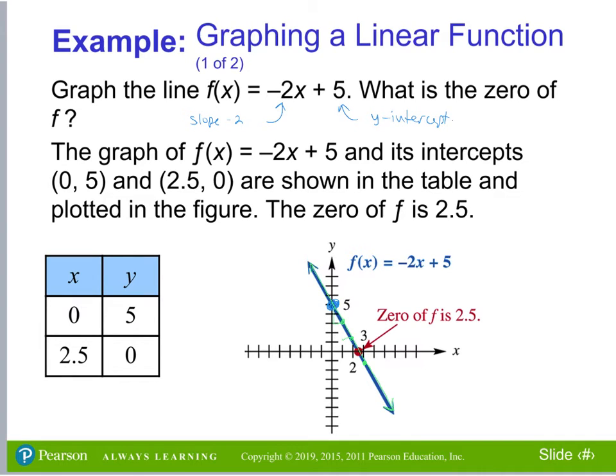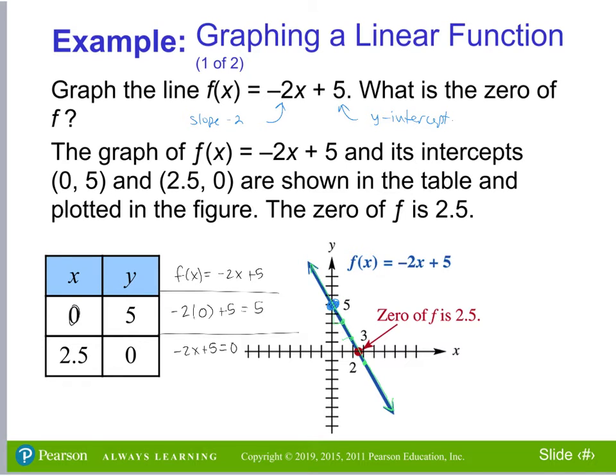So you can do it graphically, you can also do it algebraically, where you're going to plug 0 in for x, and then just work this out. The function says f of x equals -2 times x plus 5, so -2 times 0 plus 5, and that would be 5. Or if we put in 0 for the output, -2x plus 5 equals 0, and then solve that little equation.